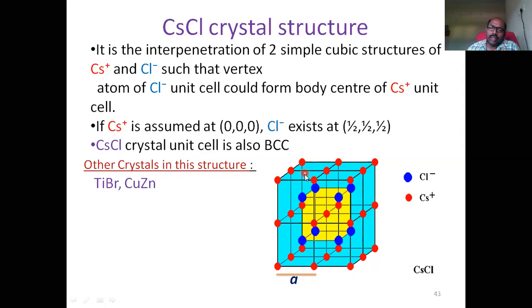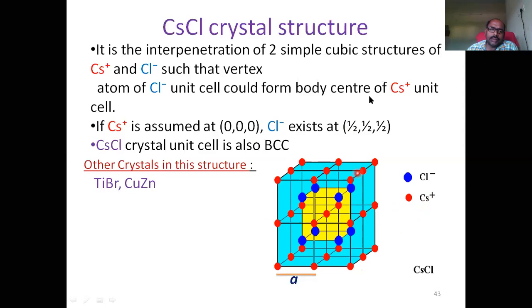At the body center of each cube there is one lattice point, so for all eight cubes there are eight lattice points. If the corners are cesium plus, these body centers are chlorine minus. Again, they also form a body-centered cubic structure, and the centered atom is this one. For this lattice, the center is again cesium plus, the opposite kind of ion. In that way the structure is formed.